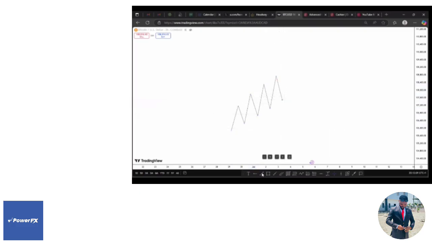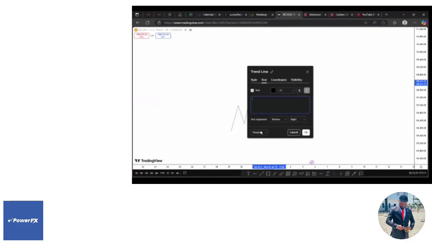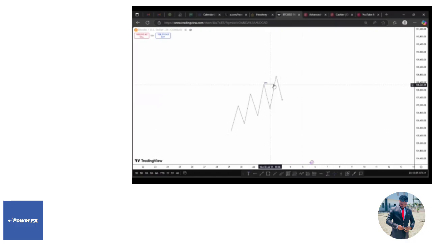It is very clear here. As at this time, this is the most recent break of structure that happened in the market, so I'm going to identify this to be my BOS.